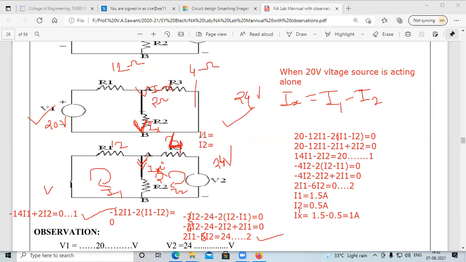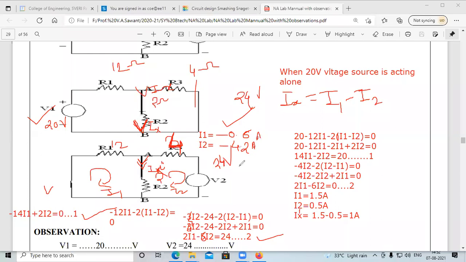What is the answer? I1 is equal to minus 0.6. Then I2 is equal to minus 4.2 ampere. Now, what is the Ix?